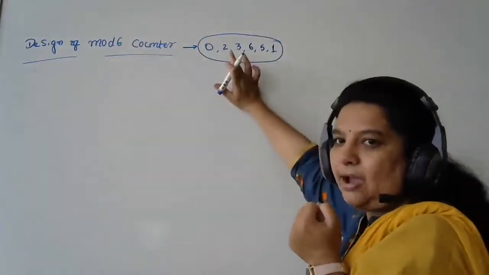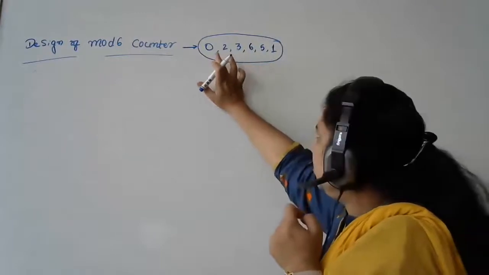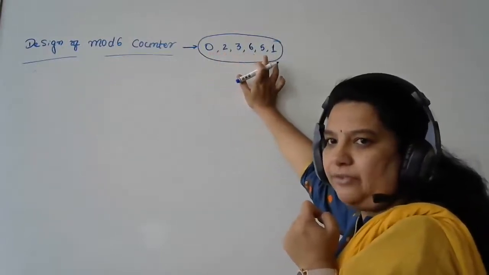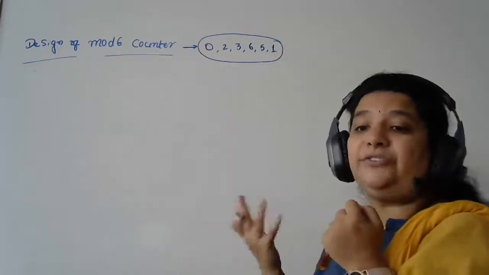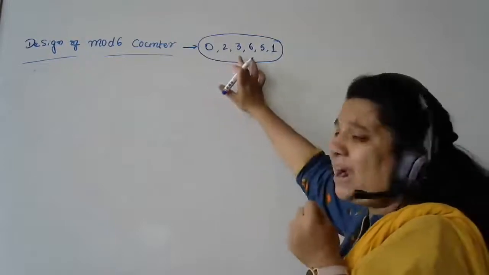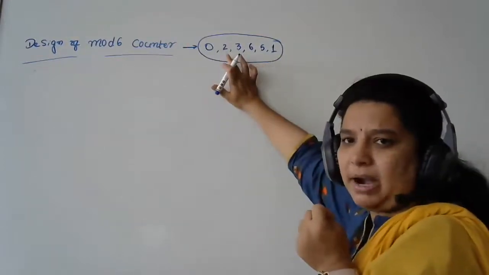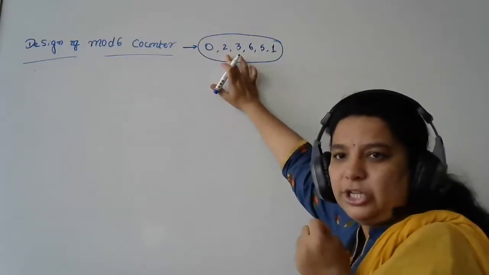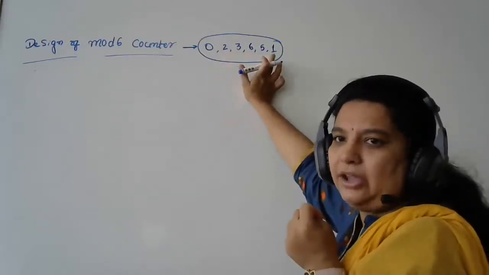Instead, I have 6 specific unique states now. 0 is one state, 2 is another state, 3 is another, 6, 5 and 1. So there are 6 different states, but they are not in a sequential way. This is a pattern I want to generate. So I want to design a mod 6 counter which is generating the pattern 0, 2, 3, 6, 5, 1.